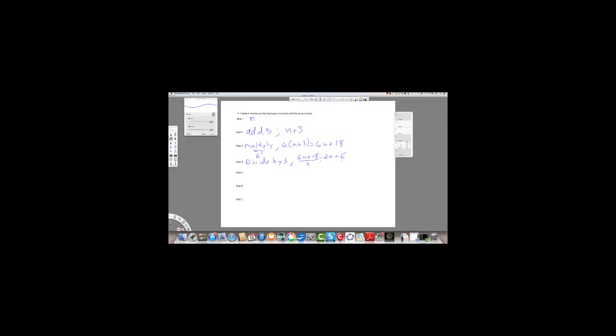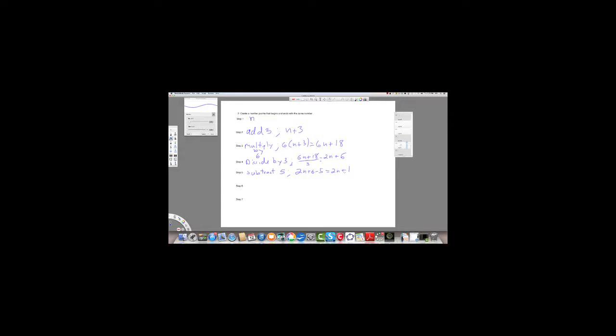And then for our next step, we want to begin to get that 6 out of there, right? So I'm going to subtract 5. 2n plus 6 minus 5 equals 2n plus 1.